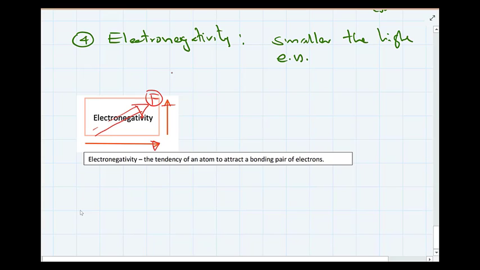Again, fluorine has the smallest size, if you remember, and therefore it holds the electrons really tight. So fluorine has the highest electronegativity. I kind of call fluorine the queen, right? Now we can also compare. The hydrogen molecule H2 has 2 hydrogen atoms, and there are 2 electrons shared in the middle of the 2 atoms.